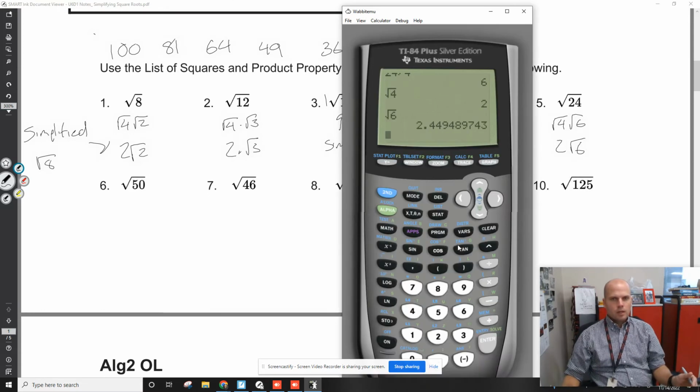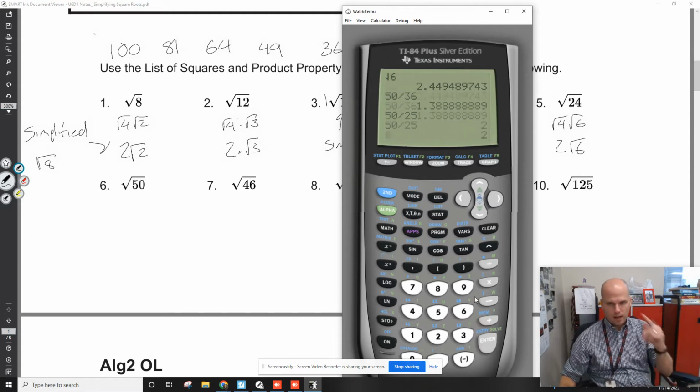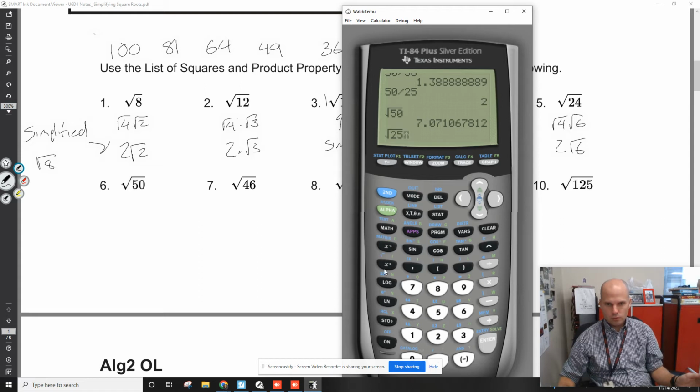Okay, now it's not always going to be 4. All of these were 4, but like 50, I don't know, start with 36. Doesn't work. Go to 25. Oh, yeah. Okay, root 50 is the same as root 25 times root 2.